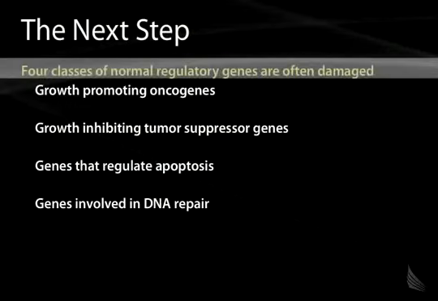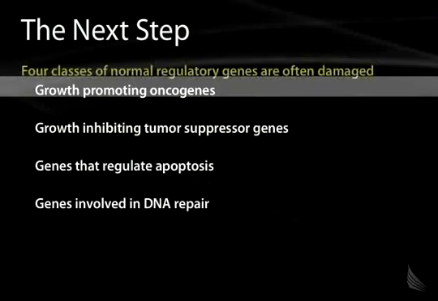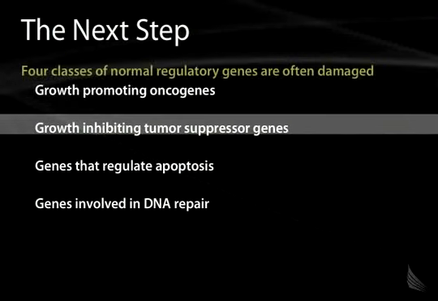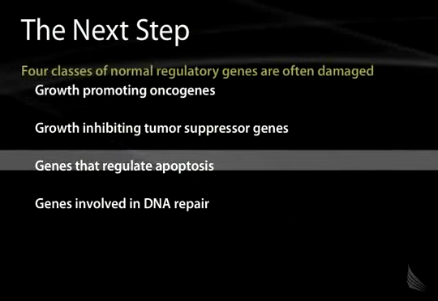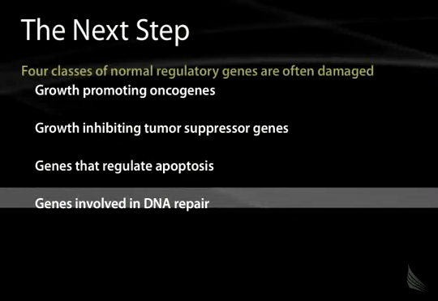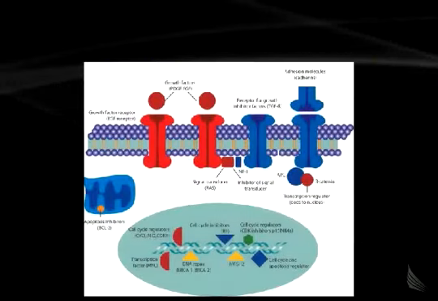There are again 4 classes of genes that are generally damaged and lead to the development of a tumor. These include the growth-promoting oncogenes, growth-inhibiting tumor suppressor genes, genes that regulate apoptosis, and genes involved in DNA repair. Now, to deal first with those genes that control cell growth, these are the proto-oncogenes. These are normal cellular genes that are normally involved in promoting cell growth and differentiation.